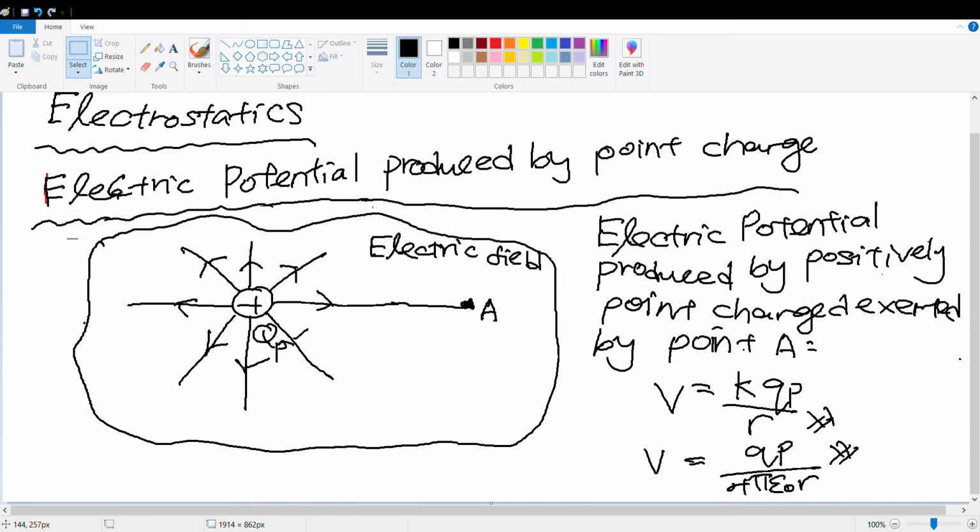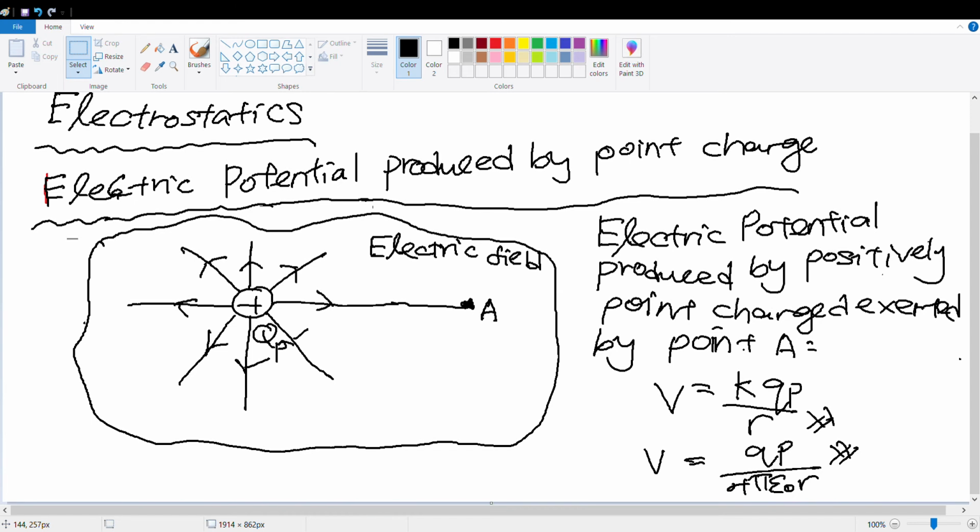Okay, so as I said, the electric potential has no direction; the direction is always from high potential to low potential. So hence I can conclude that the electric potential is a scalar quantity.